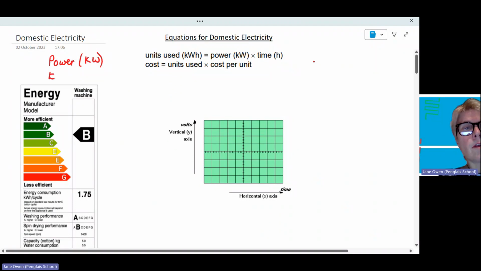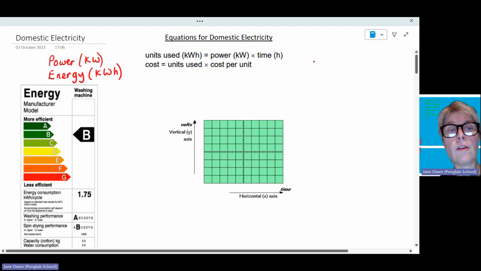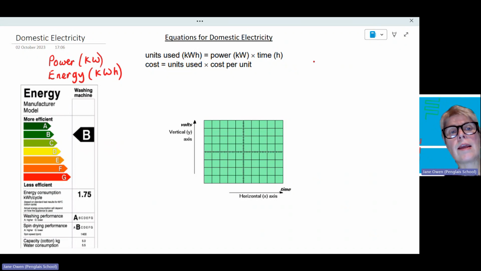The other unit that we use in domestic electricity is for energy. It is the kilowatt hour. Normally energy is in joules, and that's what we would use in Year 11. But because the amount of joules would be so high, 3,600,000 for 1 kilowatt hour, it's ridiculous to talk in such big numbers.